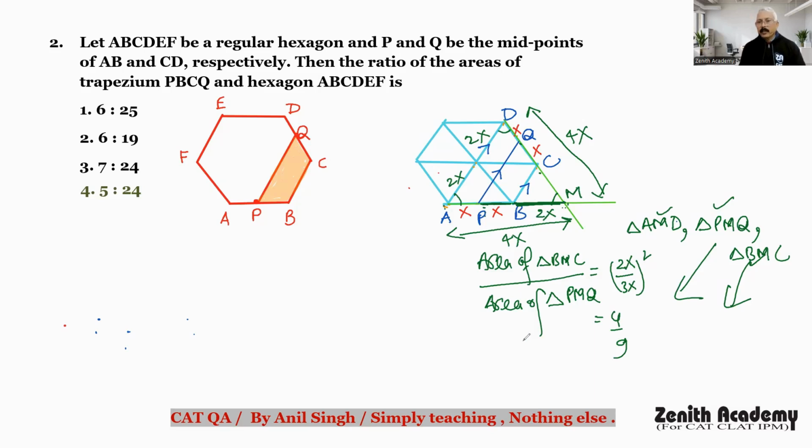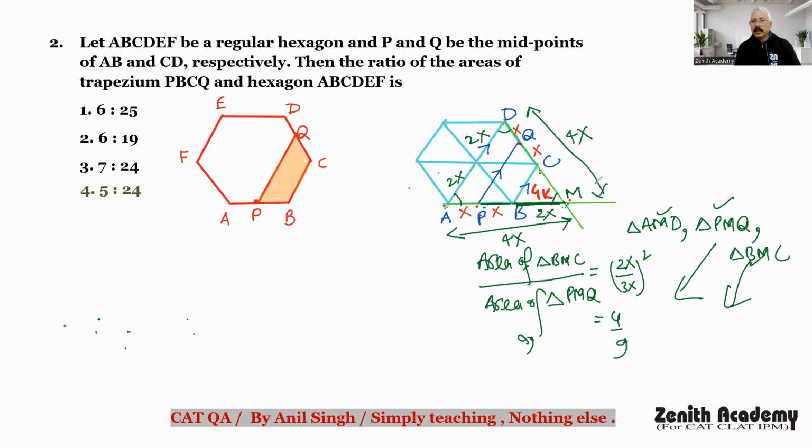So now it is easy to say that the area of triangle BMC is 4K, and the area of triangle PMQ is 9K, because the ratio is 4 is to 9.